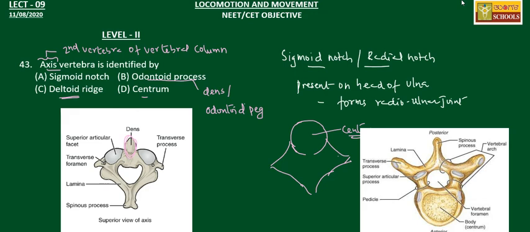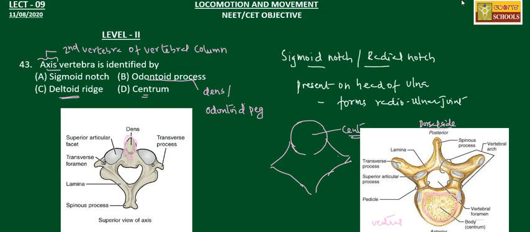Now coming to the centrum, as I told, you can see this portion which is present towards the anterior side, that is the ventral side, and this will be the dorsal side here. So you will find different parts of one vertebra, and this portion is what we call the centrum, or you can also call it the body.